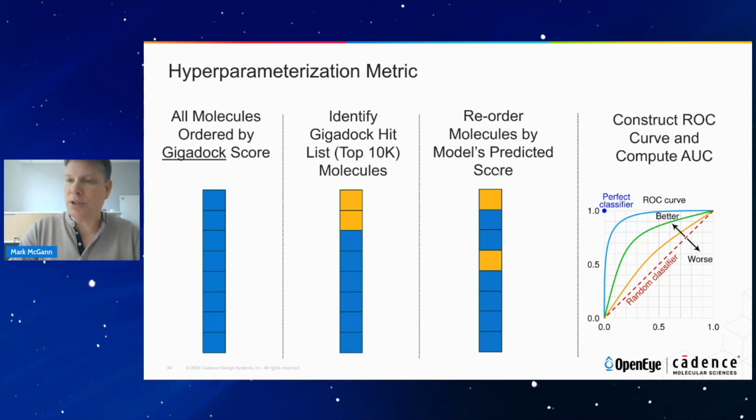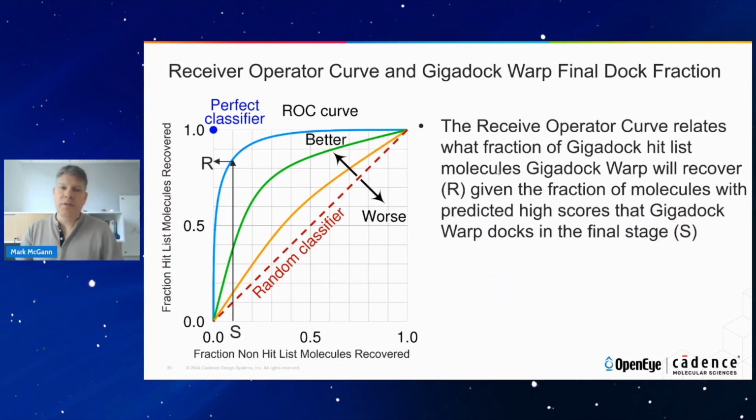I'll just show you the AUC, although I do have receiver operator characteristic curves as well, ROC curves. And the ROC curves are really nice for a particular reason for us, and that is the x-axis is the number of non-hit list molecules.